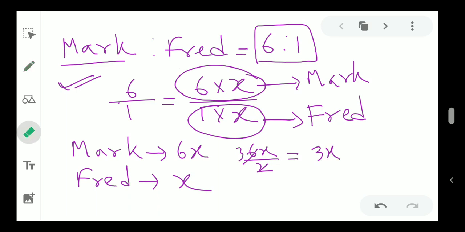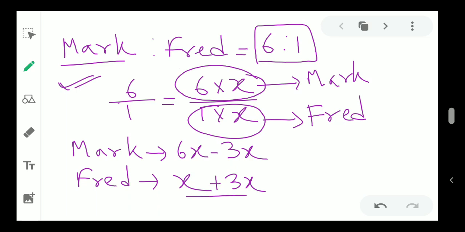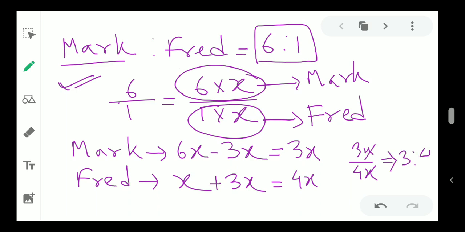So if Mark has given this 3x money to Fred, then Fred will have this plus 3x and Mark will have this minus 3x, because Mark has given, so it is deducted from Mark, and Fred has received, so it is added to Fred's pocket. So how much is left? We have 3x here and we have 4x here. So now if I take the ratio, I will have 3x by 4x. So my x and x can cancel and I can say the ratio is 3:4.